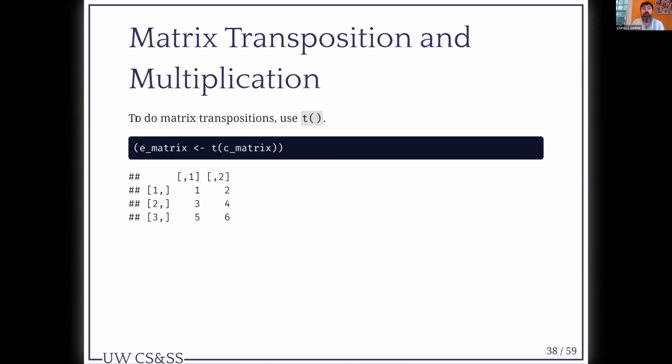So first, if you want to transpose a matrix, there's the function t. You know a function in R is really important and fundamental in the language when it is a one-letter function. This is a statistical programming language, so transposition is just t. Transposition happens constantly in every imaginable statistical operation, so it is a t. Okay, so if I wanted to transpose matrix C, I could say E matrix is the transpose of C matrix.